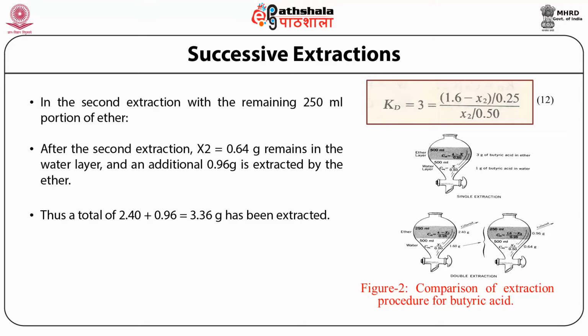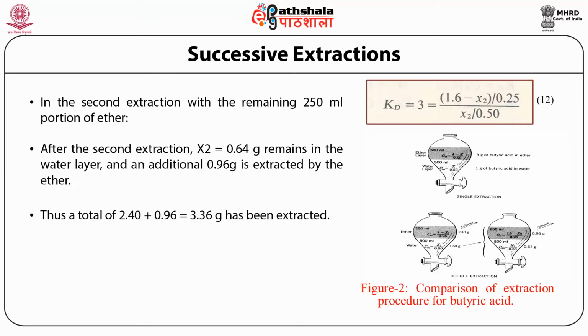If 10 grams of butyric acid is to be extracted from 500 ml of water with 500 ml of ether, and at a time half of the butyric acid comes to the ether phase, it means 5 gram has been extracted into the ether.